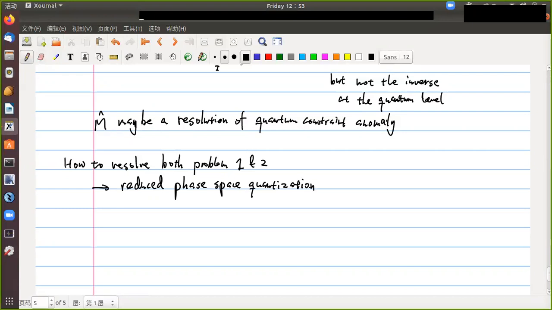The idea of this reduced phase-space quantization is that you are going to solve those constraints classically, and then quantize.